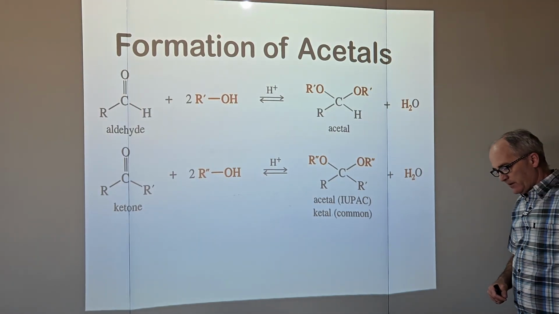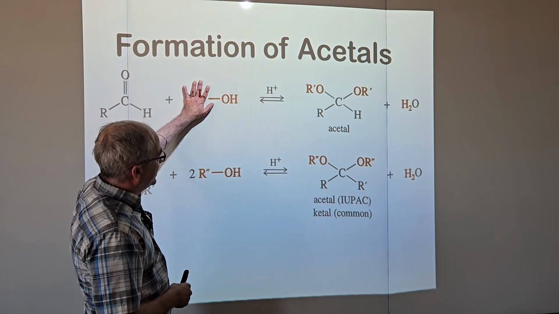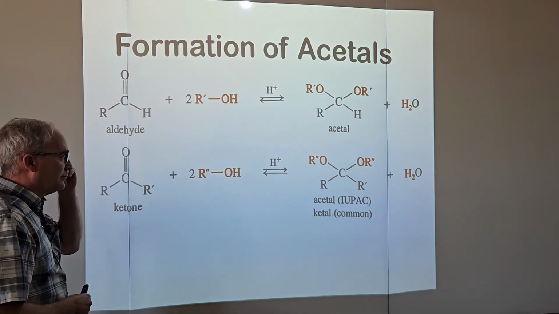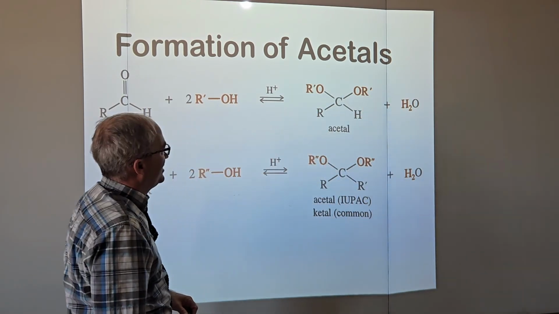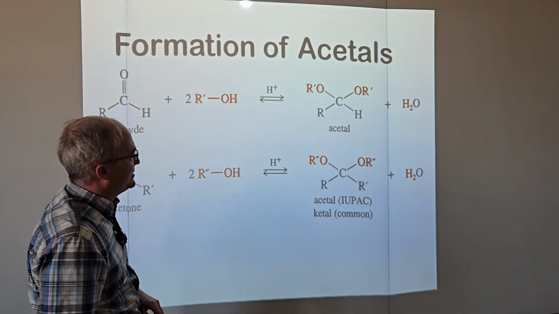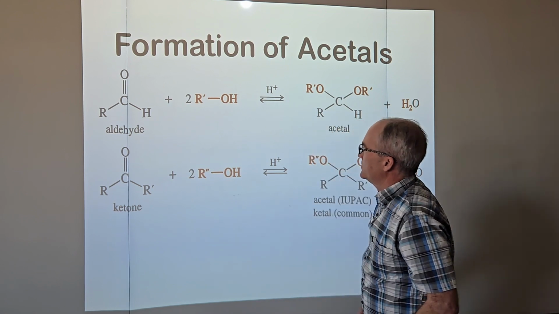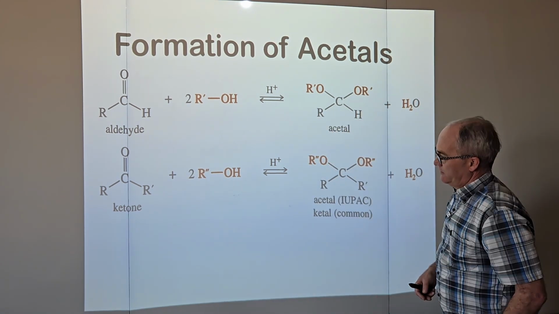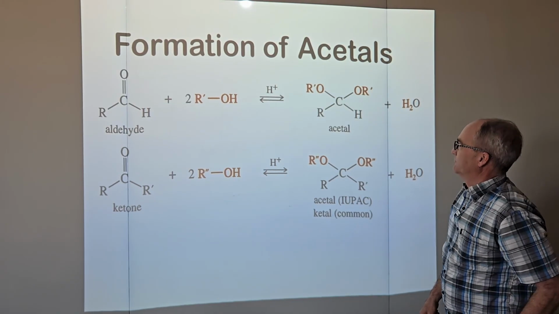So we talked about the hydrate. Alcohols are kind of similar to water. If I had a hydrogen here, this was 2 hydrogens, we'd have the hydrate. Now here we have this thing called an acetal. Aldehydes or ketones can be hydrated with water, or they can be spiked with alcohol.